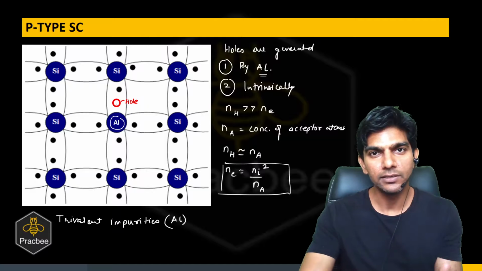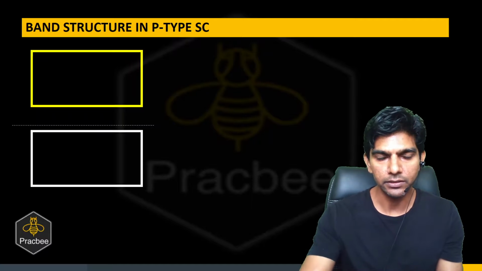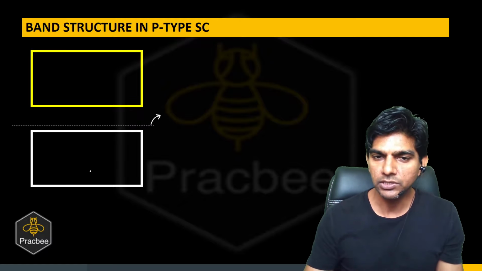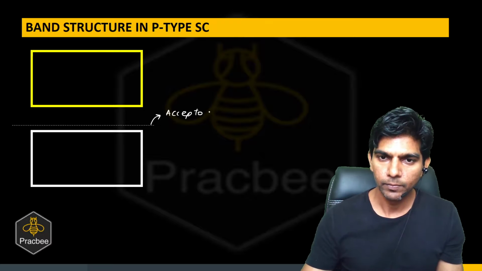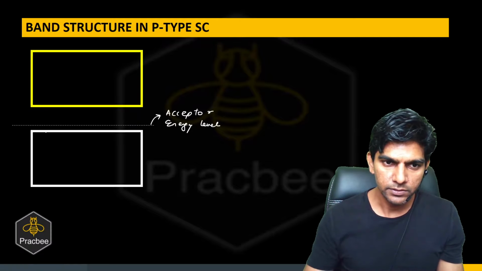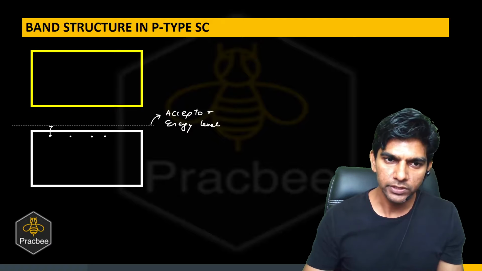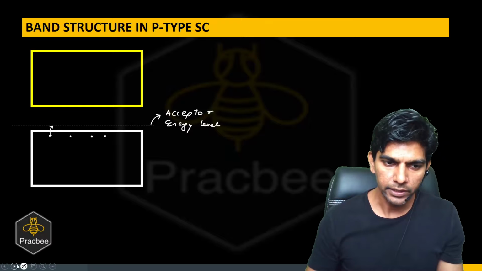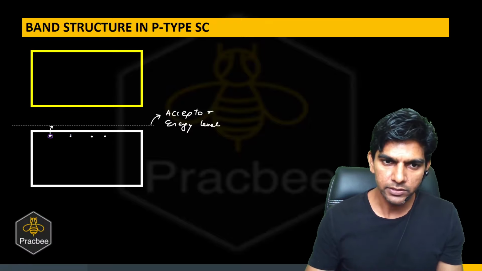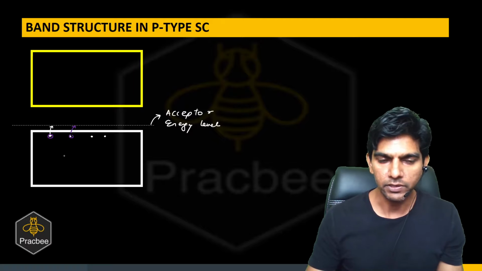Now let us see the band diagram for P-type semiconductor. In P-type semiconductor, we'll have another energy level created, which is known as the acceptor energy level. Suppose we have some electrons in the valence band; these electrons can easily move to this energy level, and then there will be a hole created in the valence band because of this energy level, right?